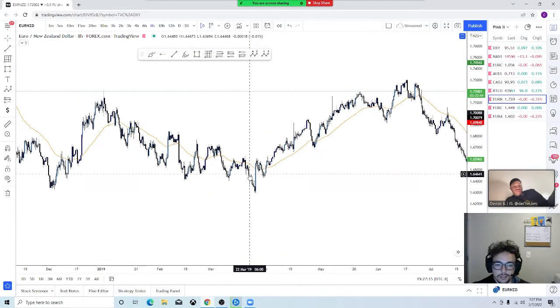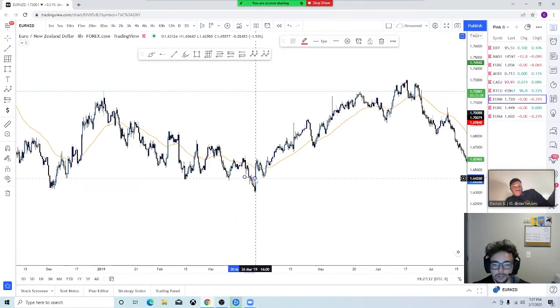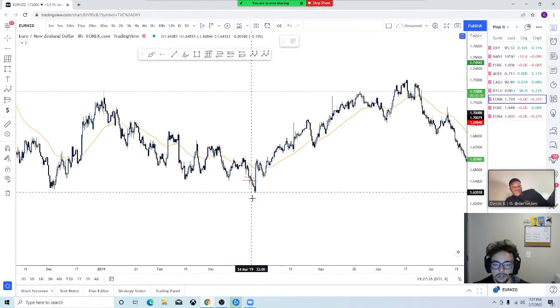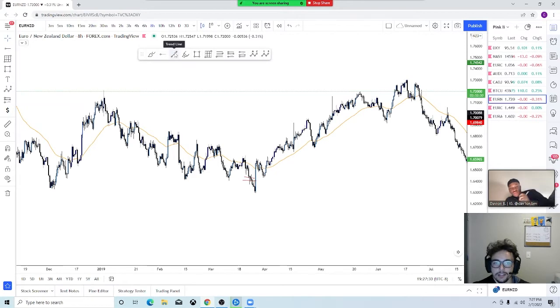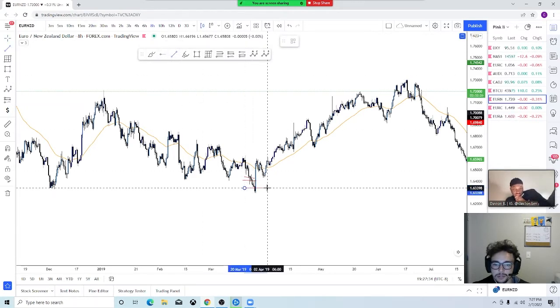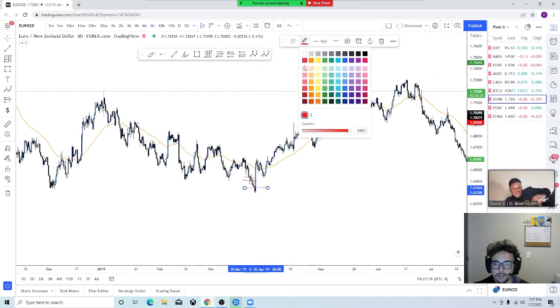Supply and demand is exactly what I'm explaining to you. When banks push the market down, they have sell orders right here, all pushing right here. And then they start putting buy orders right here.